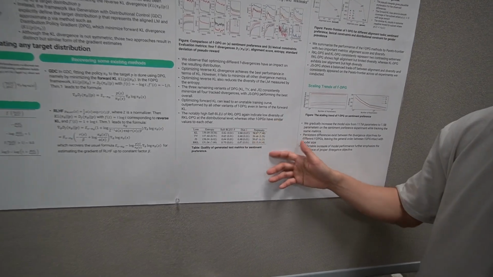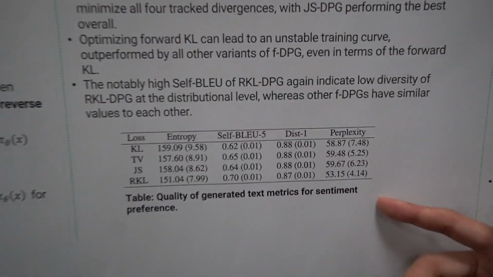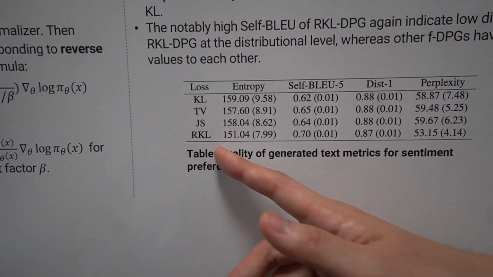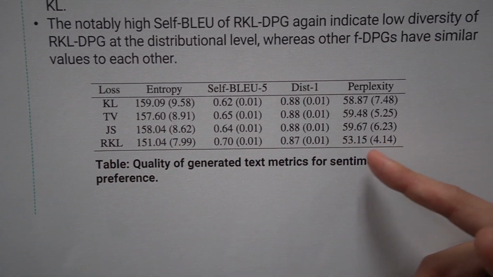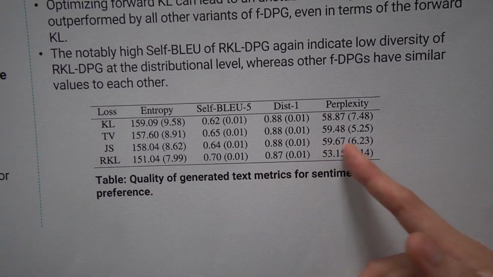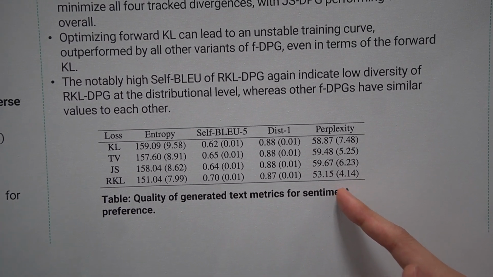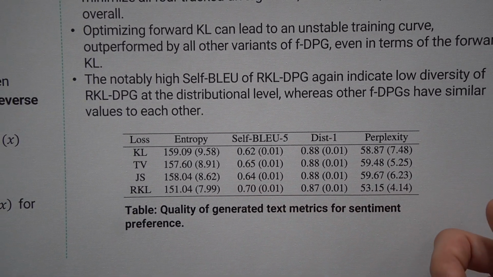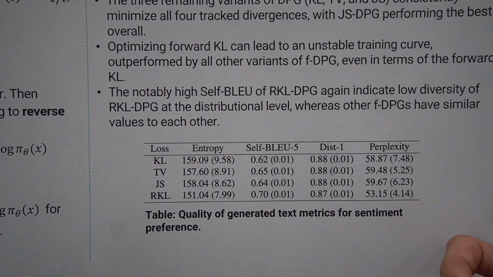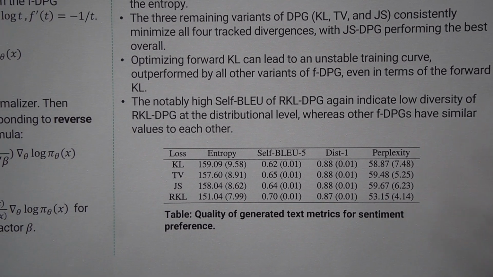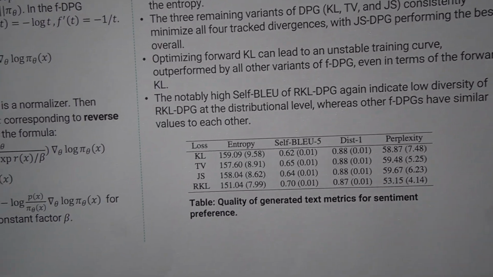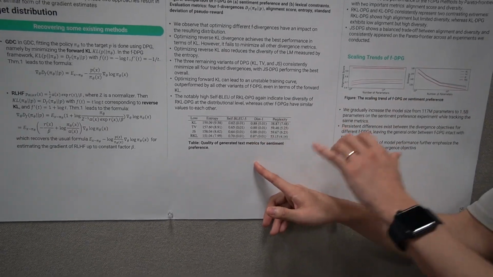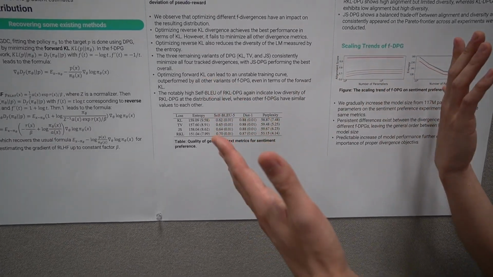And perplexity is how fluent the generated sentences are, where a lower score means better fluency. Here we can focus on the last row, reverse KL. It has quite low perplexity, which means quite fluent, but quite high Self-BLEU, which means it can be reasonable at generating one sentence, but is not good at generating a lot of diverse sentences. You can imagine that reverse KL just focuses on one mode out of multiple modes.